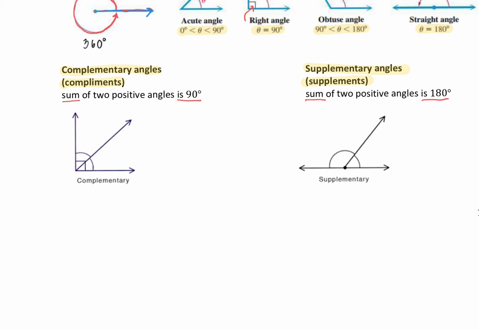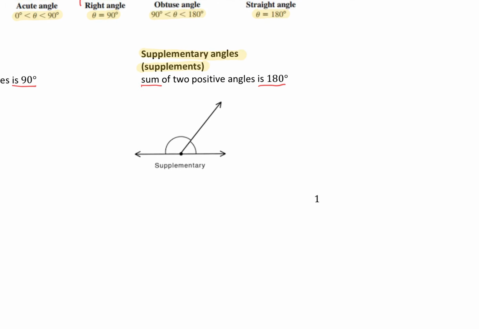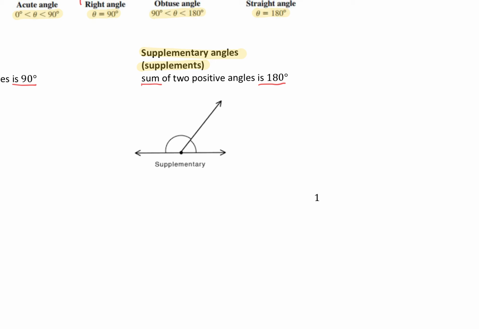If we look at this first diagram, this is an example of complementary angles. I clearly have a right angle, and let's just say that from the picture it looks like this would be maybe 45 degrees and 45 degrees. Add them up, I get a 90-degree angle. So they are complements of each other. In this second, I can see that I have a straight angle, and it's broken up into two angles. Maybe this is about 50 degrees. So the obtuse side would have to be 130 degrees.